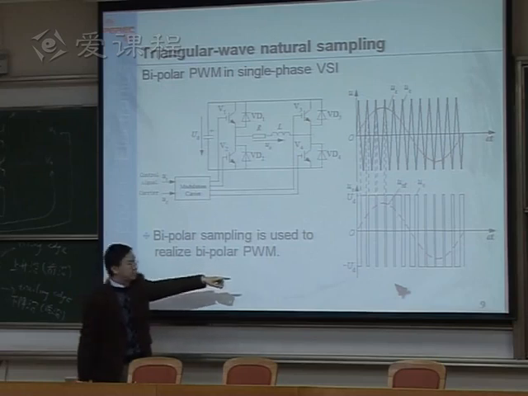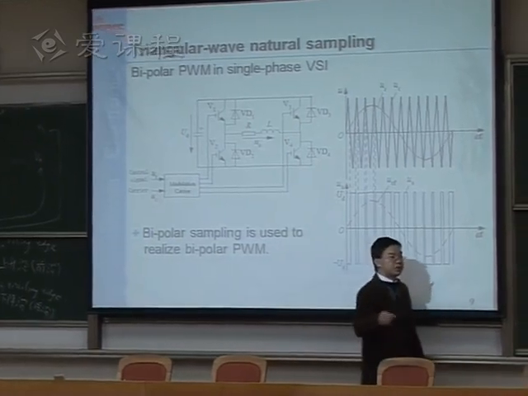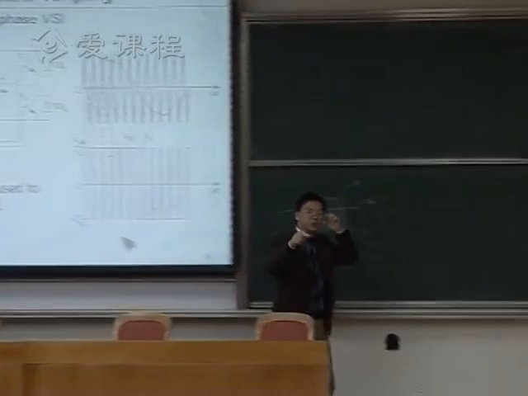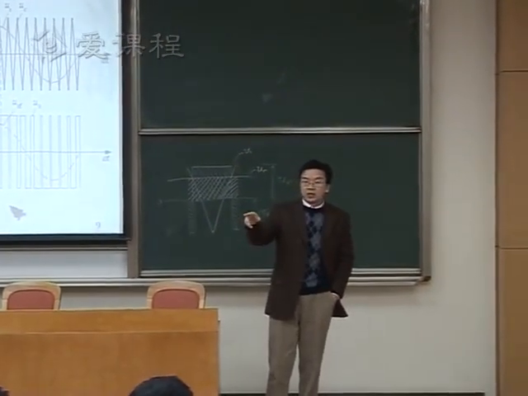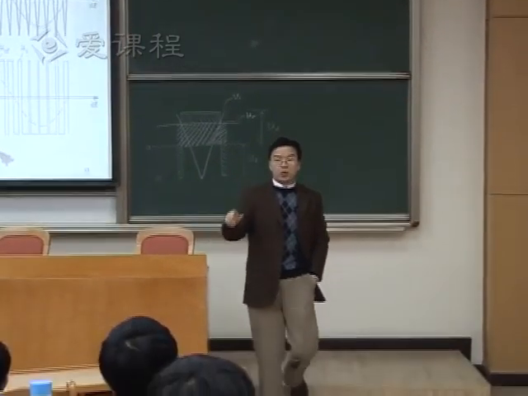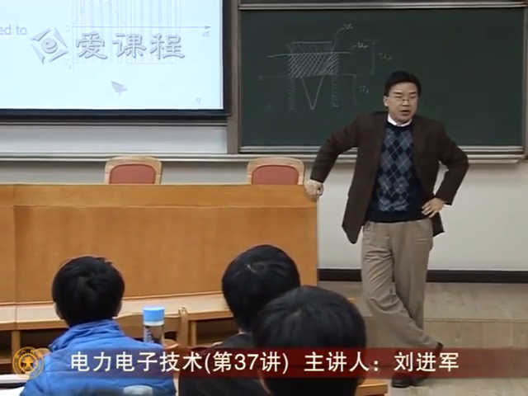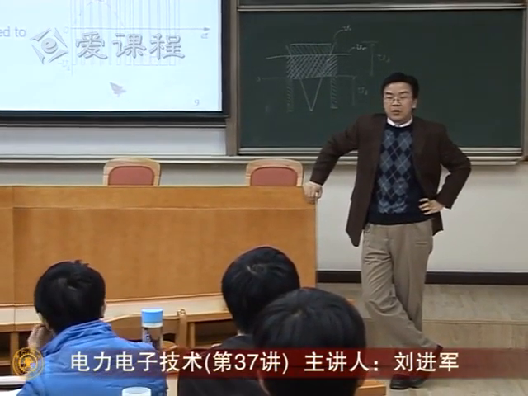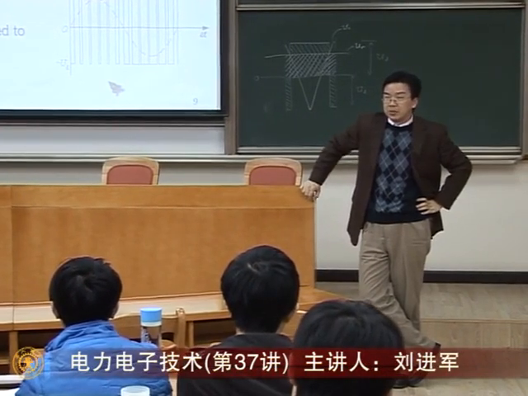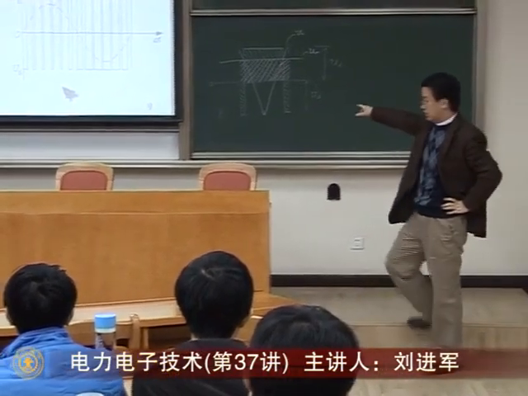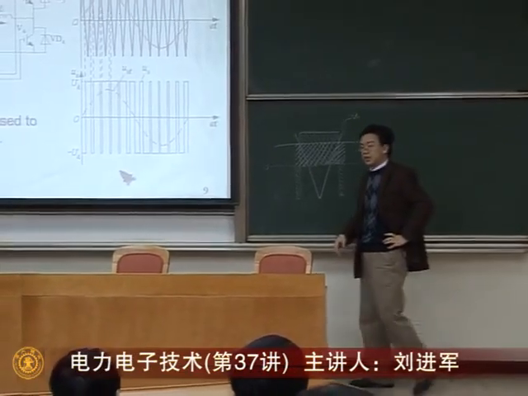And therefore, the unipolar sampling technique can only be used to generate unipolar PWM waveform. We cannot do it the other way. Unipolar sampling cannot be used to generate bipolar PWM, or bipolar sampling cannot be used to generate unipolar PWM, because this is all based on the equal area theorem. So pay attention to that. Take a break.